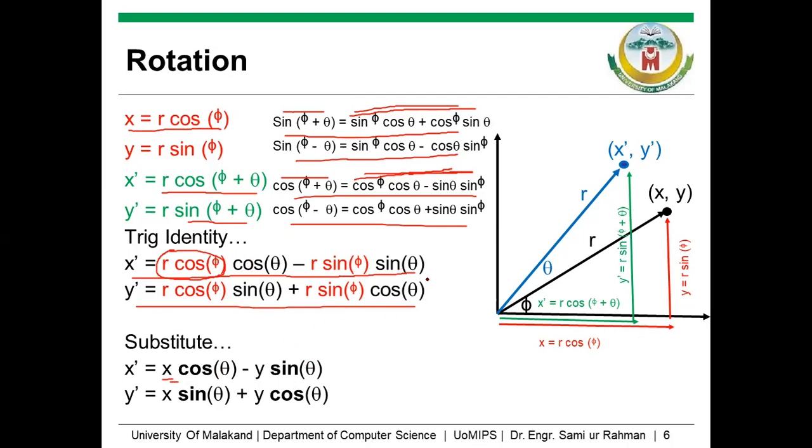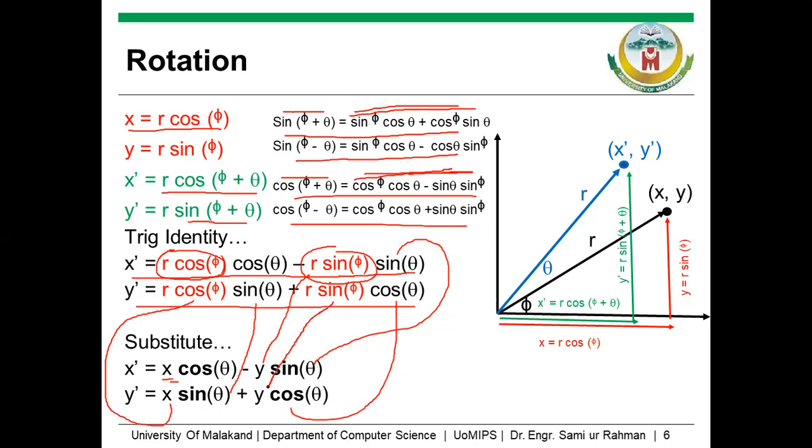Minus sin theta is the same, but instead of r sin phi, we have written y. Same is the case with the other equation, x sin theta: sin theta is the same, but for r cos phi we have written x, and same with y cos theta, where cos theta is in the same location, but for r sin phi we have written y.